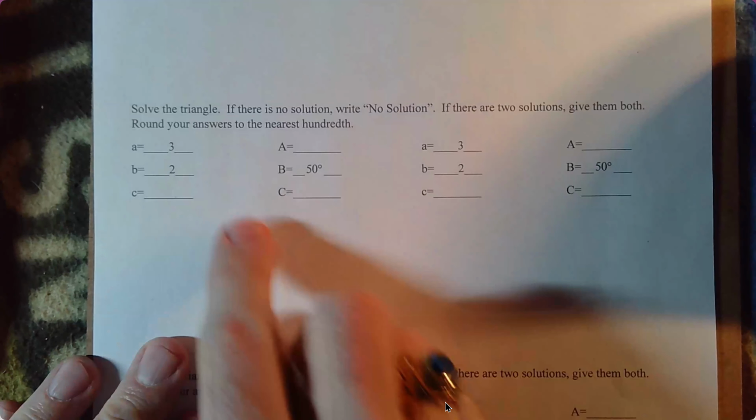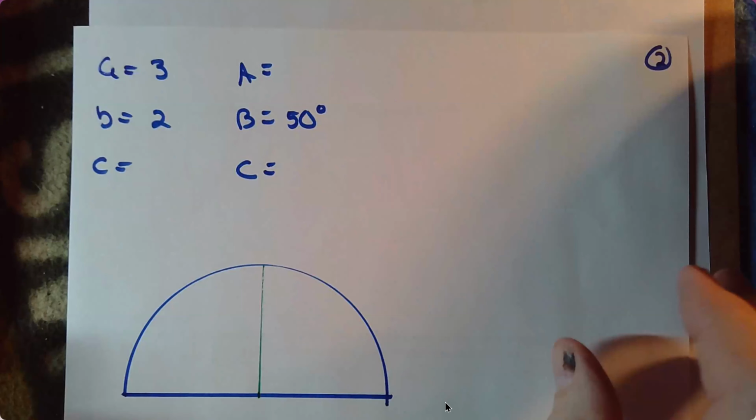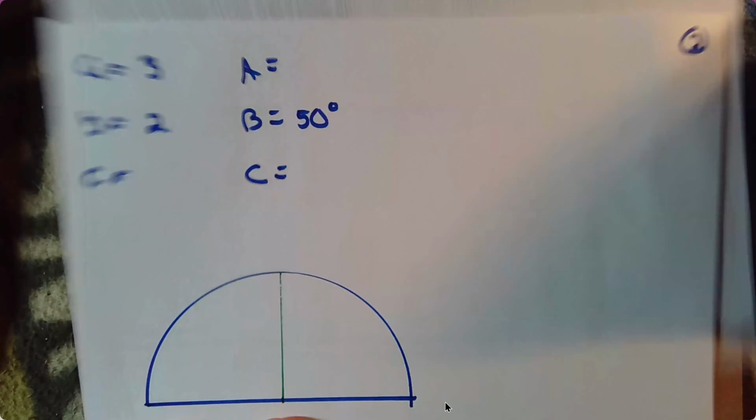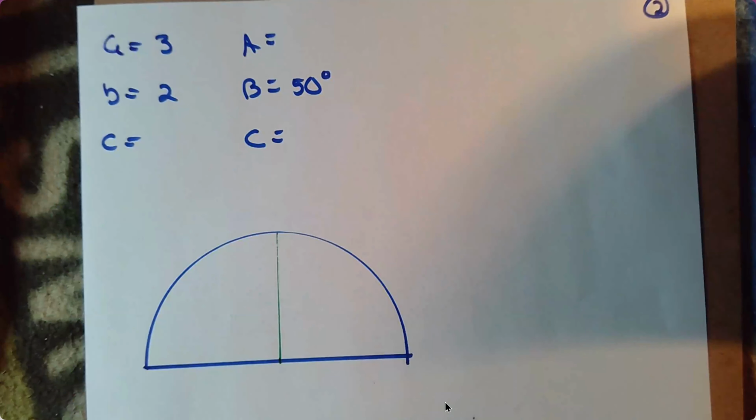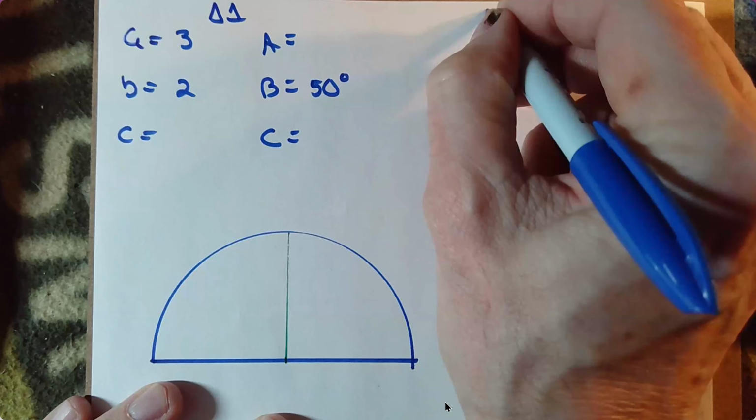Let's try another one. So this one, which I'll set up over here. And let me copy down another triangle here, triangle 1, triangle 2.